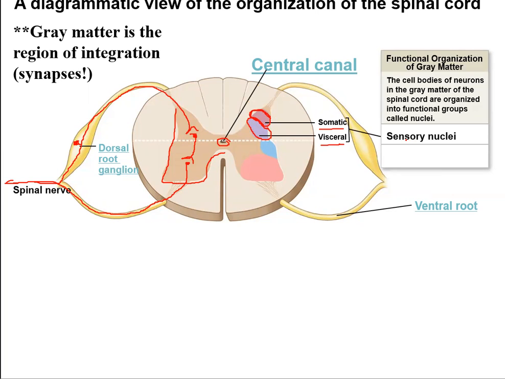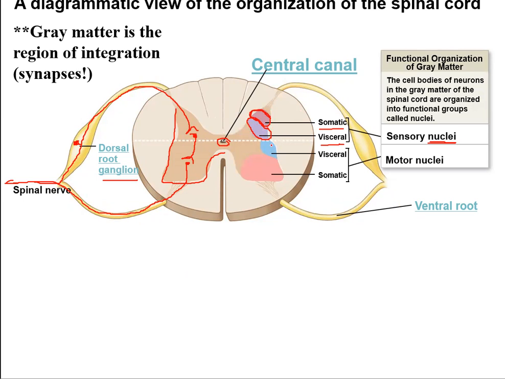Okay, so these are sensory nuclei. A nucleus, in addition to being the organelle with all the DNA in a cell, in the central nervous system refers to groups of neuron cell bodies, just like ganglia are groups of neuron cell bodies outside the central nervous system. So again, this gray matter happens to be organized pretty thoroughly.